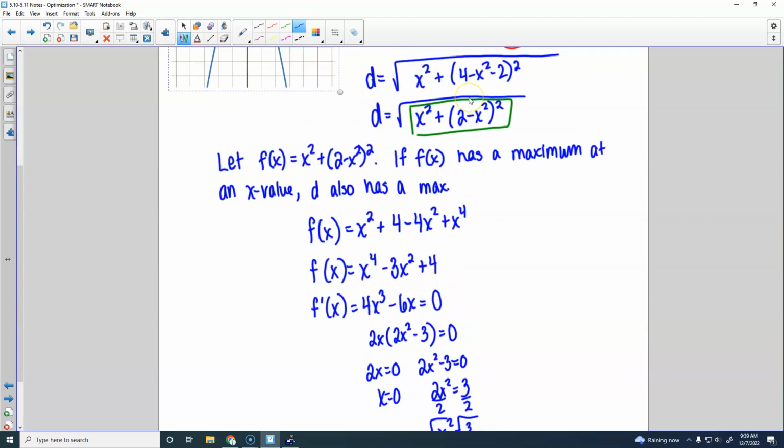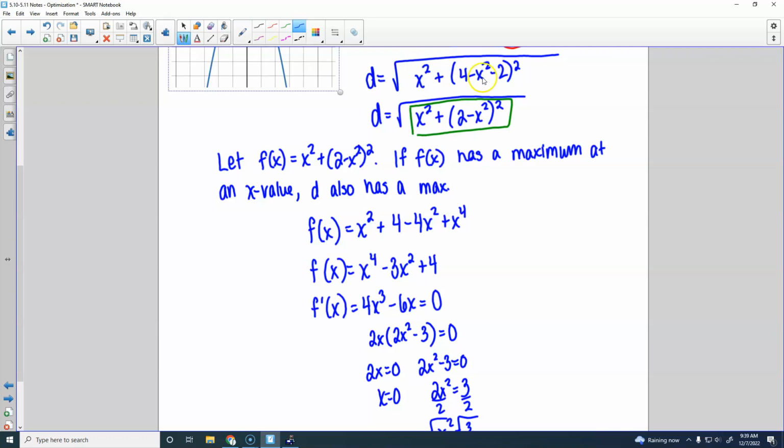So what we're doing here is we are kind of reasoning through it. I could do this whole thing using d as my function and taking the derivative of that, including the square root, because that would work. But that square root makes the derivative difficult, right?